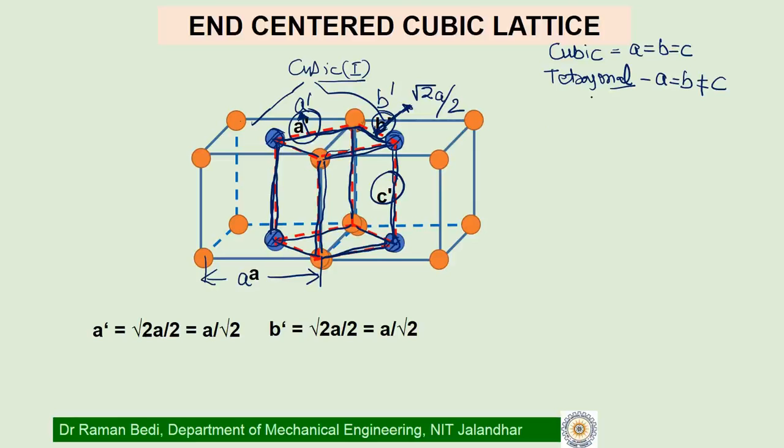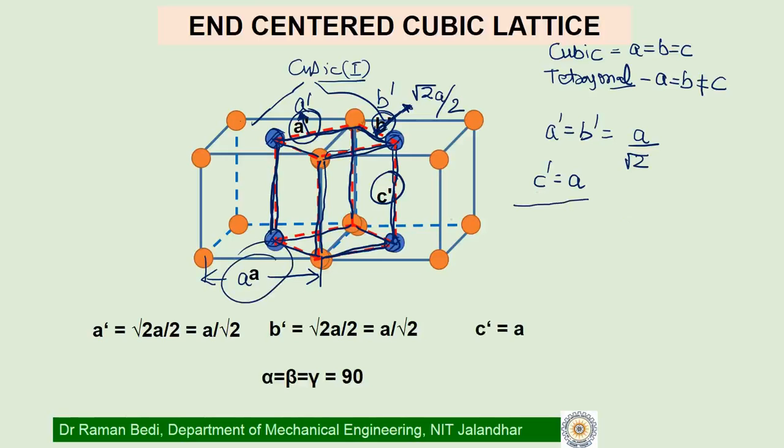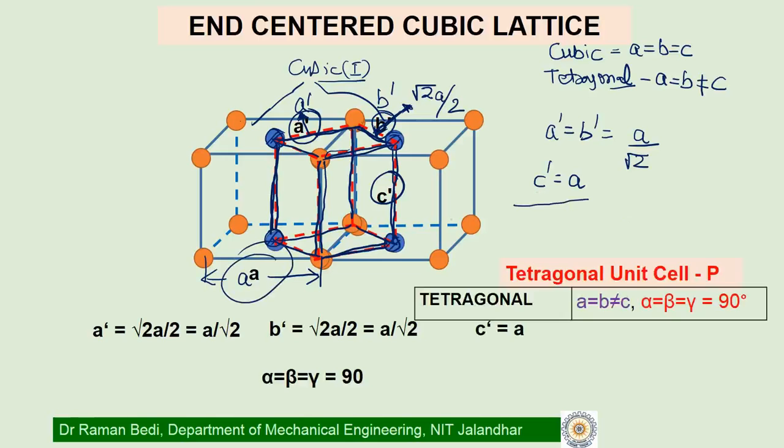So in the red unit cell which we have seen here, a dash equal to b dash equal to a upon root 2. And clearly we can see what c dash is. c dash happens to be a, because it is out of the original cubic unit cell. Alpha, beta, gamma are all 90 degrees.